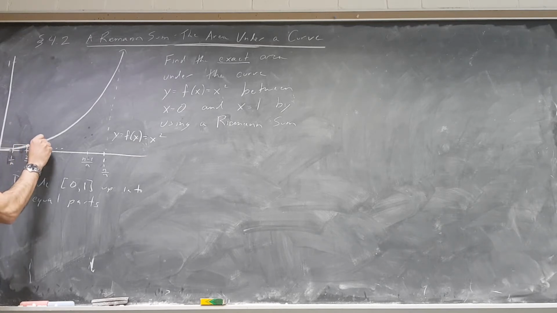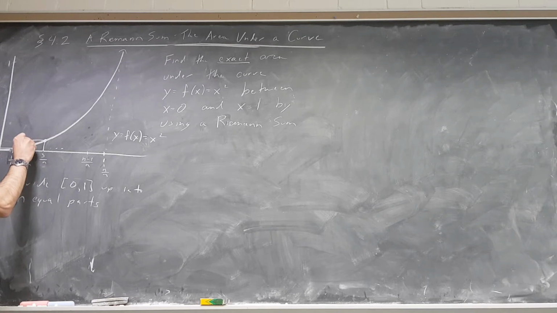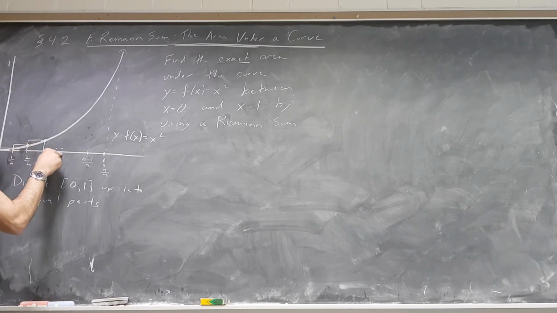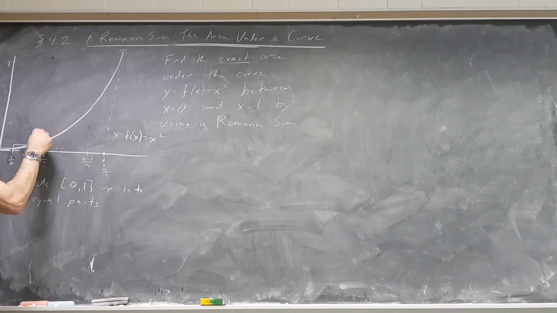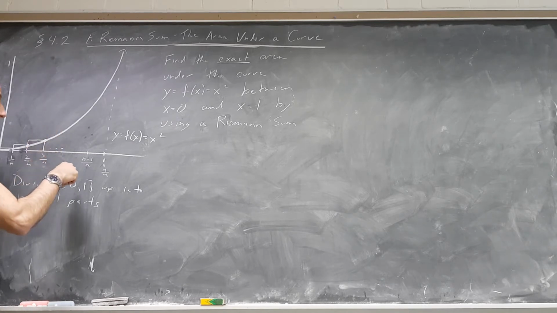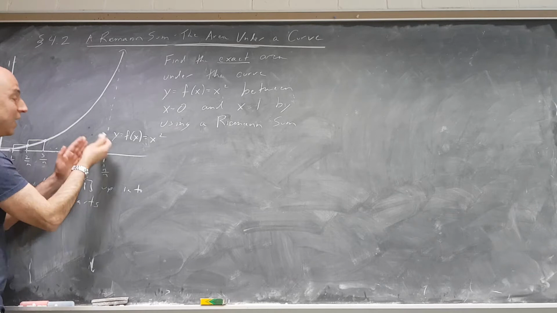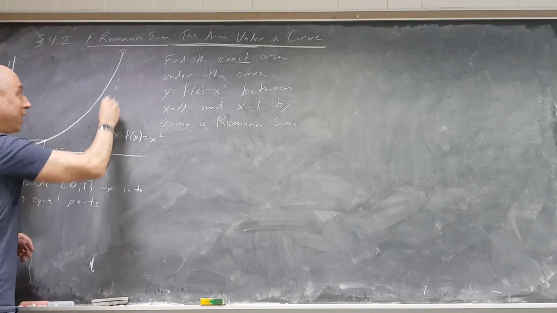The third rectangle touches the curve where x equals 3 over n. The fourth would touch the curve at 4 over n, then 5 over n, 6 over n. The last one's going to touch the curve on its right-hand side, so n over n at 1.